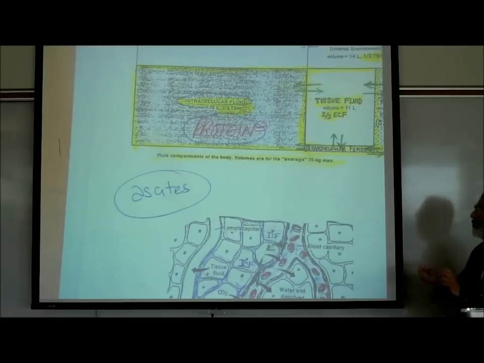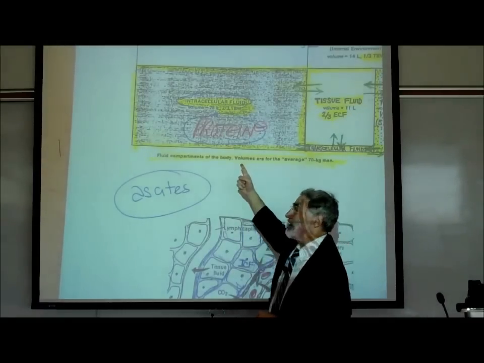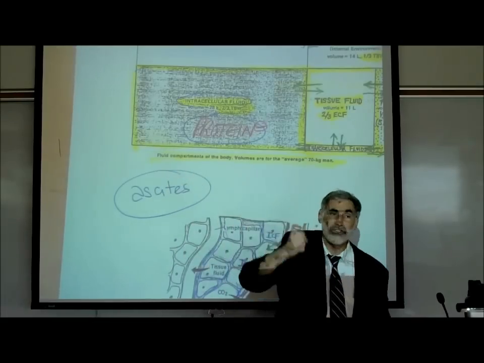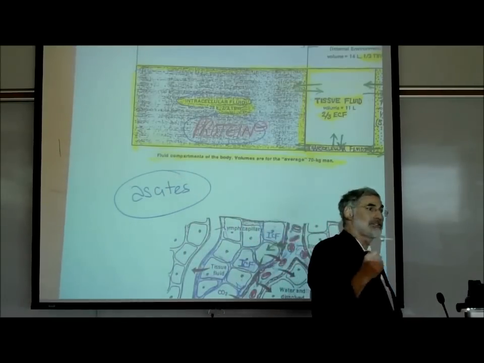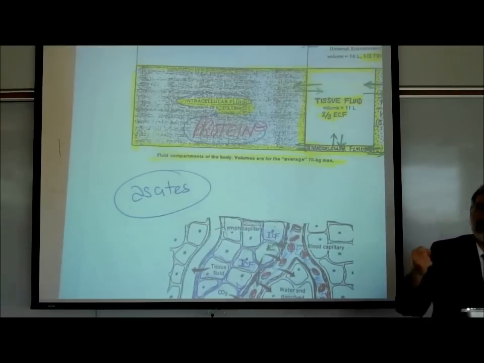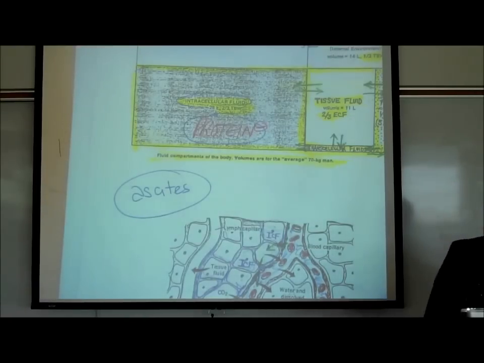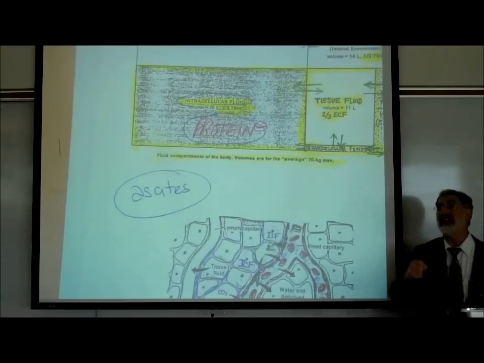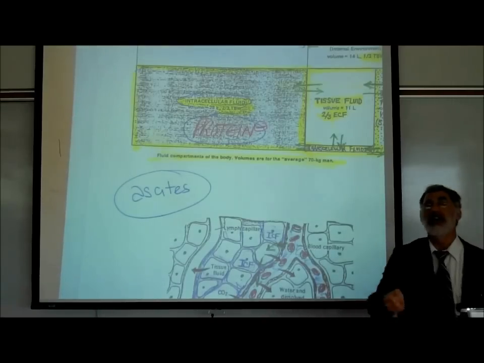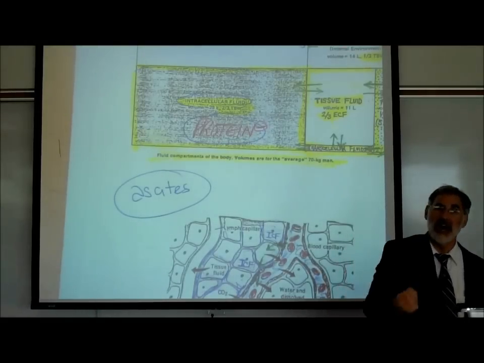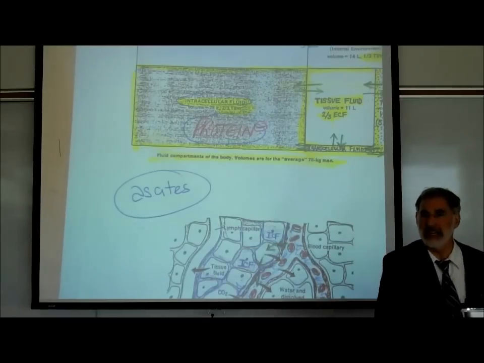So anytime we learn what a normal value is, like the amount of water in the body, it assumes the person is a young adult man weighing 70 kilograms. That is our reference person. This is also used in drugs, in pharmacology. The reference person is a young adult man weighing 70 kilograms.